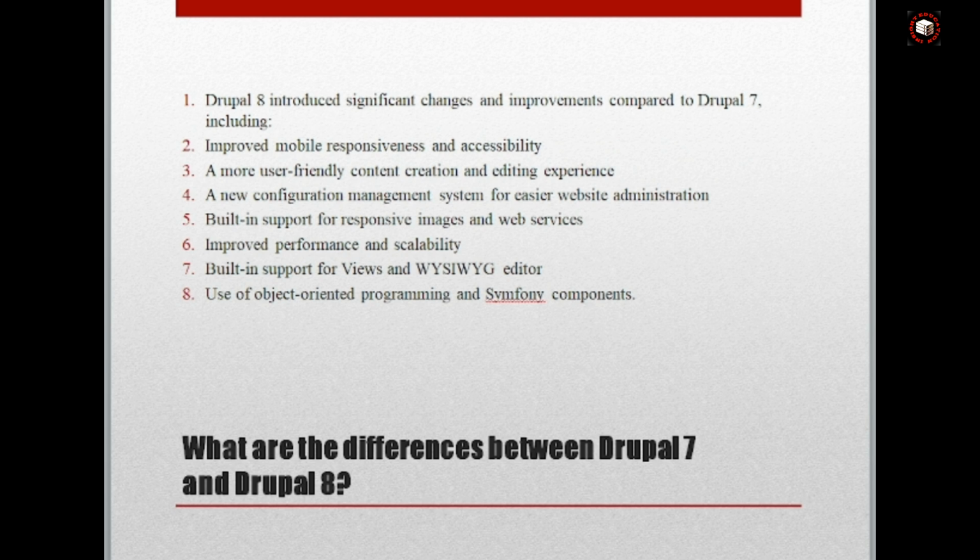Drupal 8 introduced significant changes and improvements compared to Drupal 7, including improved mobile responsiveness and accessibility, a more user-friendly content creation and editing experience, a new configuration management system for easier website administration, built-in support for responsive images and web services, improved performance and scalability, built-in support for a WYSIWYG editor, and the use of object-oriented programming and Symfony components.